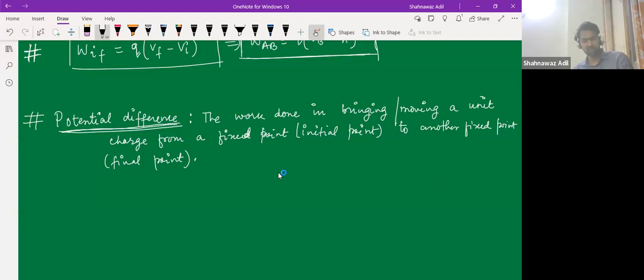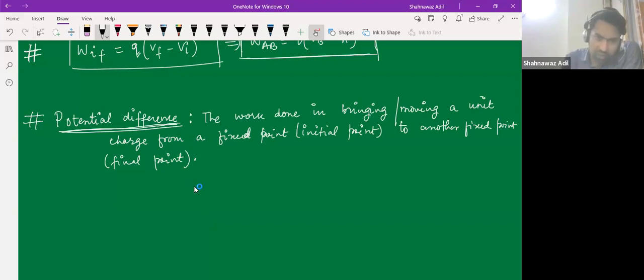In electric potential, the initial point is infinity. And potential difference is from some initial point to another point.